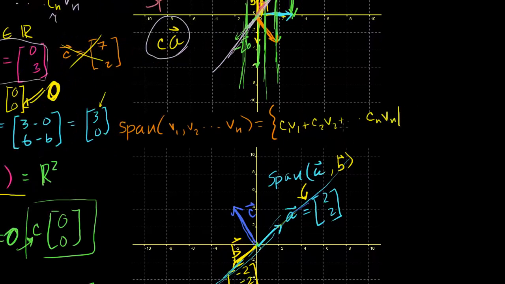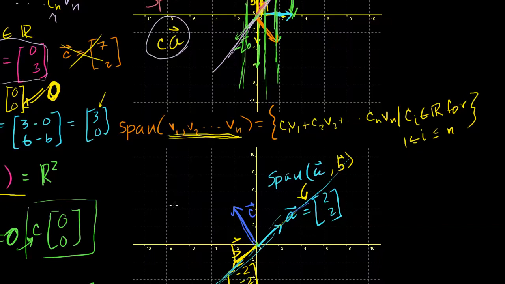So this is a set of vectors because I can pick my ci's to be any member of the real numbers, for i being anywhere between 1 and n. All I'm saying is that I can multiply each of these vectors by any arbitrary real value, and then I can add them up. And the set of all of the scaled up combinations I can get, that's the span of these vectors.